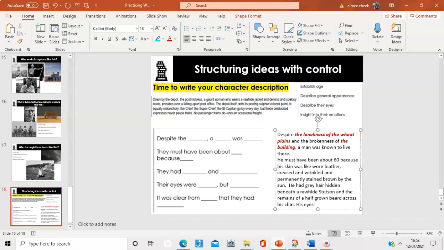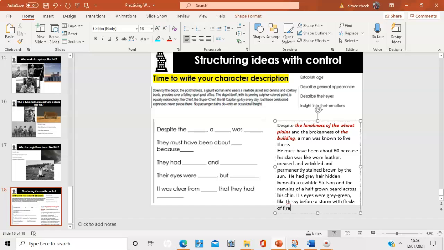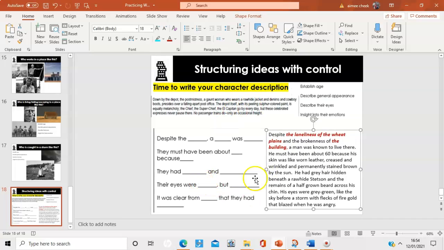His eyes were grey-green, like the sky before a storm, with flecks of fire gold that blazed when he was angry. Okay, so I'm just showing, can you see? So I had my ideas from the image and now I'm just using them as I write my paragraph.